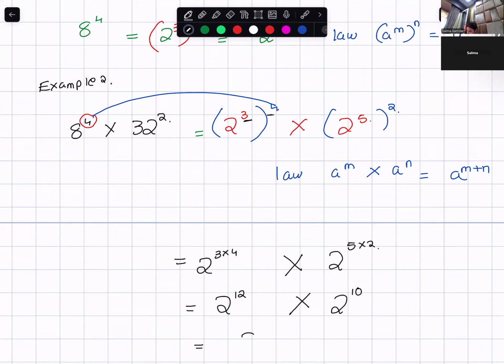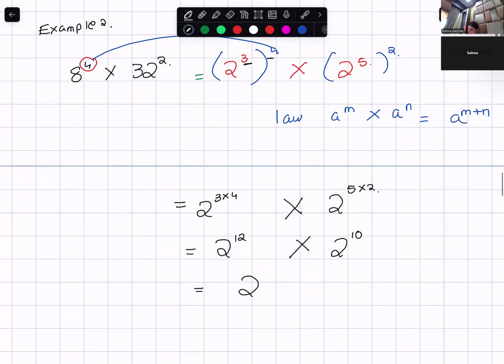A raised to m multiplied by a raised to n becomes a raised to m plus n. So 2 to the power 12 plus 10. So this becomes 2 to the power 22. The base should be the same to apply the law of indices.